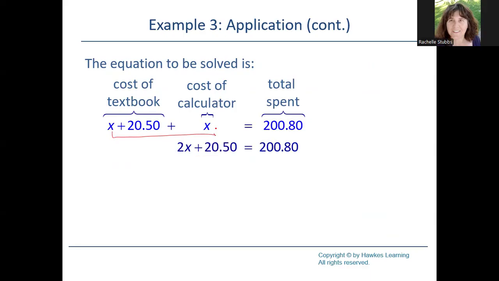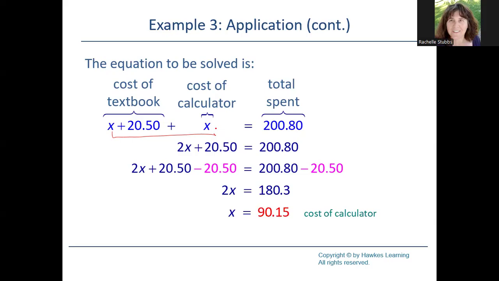So 2x plus $20.50 equals $200.80. I'm then going to subtract $20.50 from both sides, and I get 2x equals 180.3, or I end up with x equals $90.15. That's the calculator.